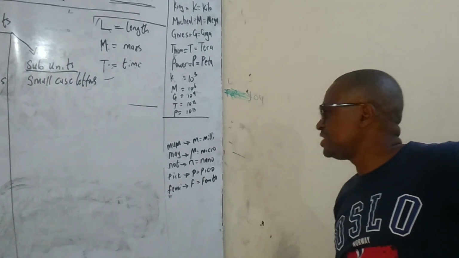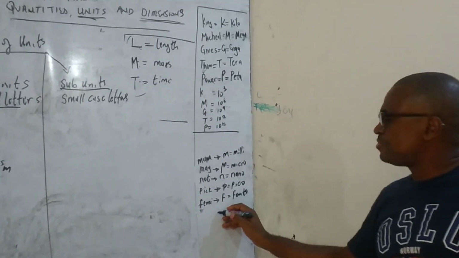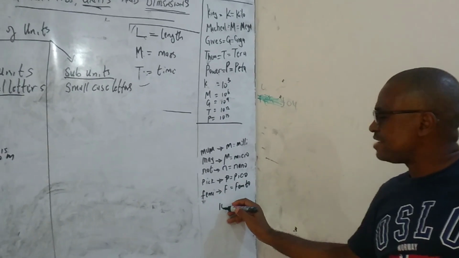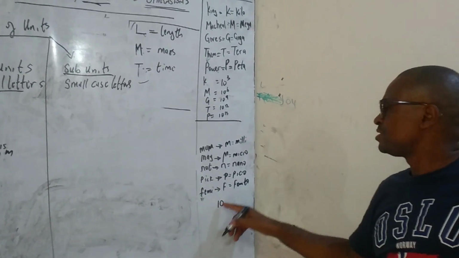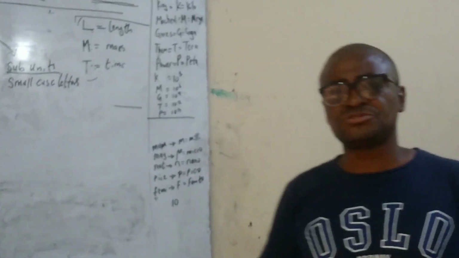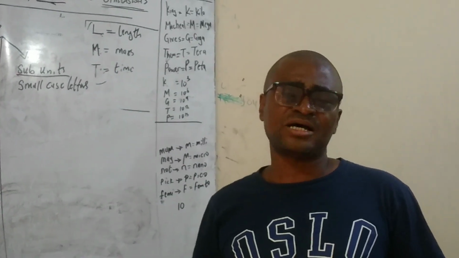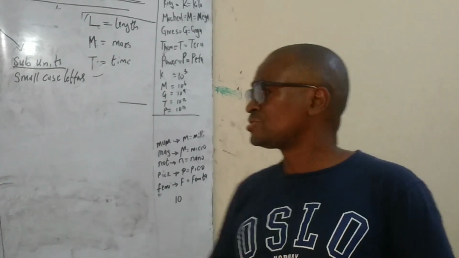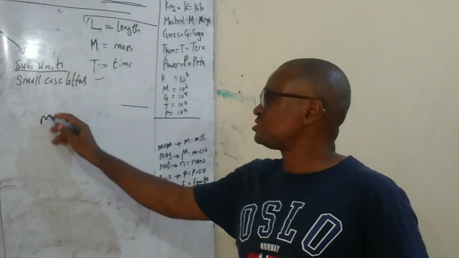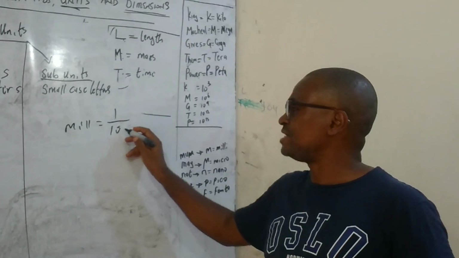Now, how do we generate the powers for milli and the others? Each of them also starts with a base of 10. Milli is simplified from the word millennium. Millennium means 1,000. But when we talk about milli, it's a fraction of 1,000. So milli actually means 1,000, but we write it as a fraction, 1 over 1,000.